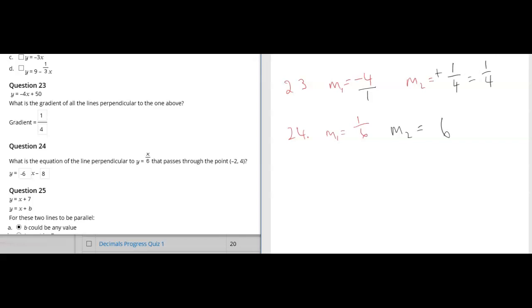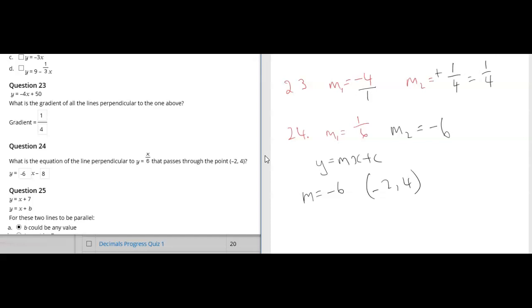And this line's gradient is positive, so the gradient of the other line is -6. So basically, we've got to find an equation, y equals mx plus c, where m is -6. So remember, we're doing a new rule, not the original one. And it's passing through the point -2, 4.